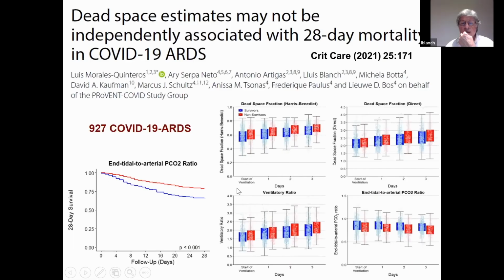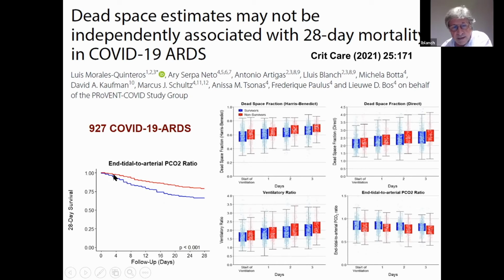So this is a paper in which I participated, in a huge series of COVID-19 patients in the Netherlands. The difference in that paper is that, again, these are estimates of dead space: the dead space fraction, Harris-Benedict, the direct, and the ventilatory ratio, and the end-tidal, but studied from the start of ventilation up to day 3. And interestingly, these do not predict mortality, but it was useful to track the evolution of the survivors and the non-survivors.